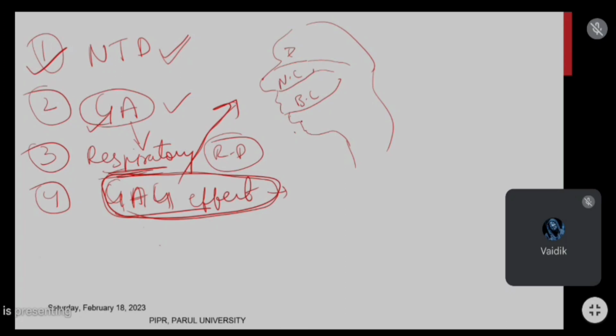Whatever food and drink we take through the buccal cavity all enters the esophagus. The nasal cavity and buccal cavity have the same junction, the same opening.